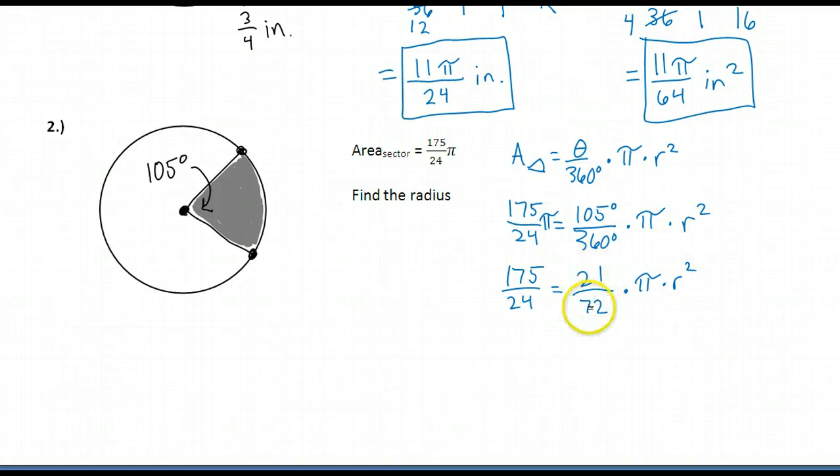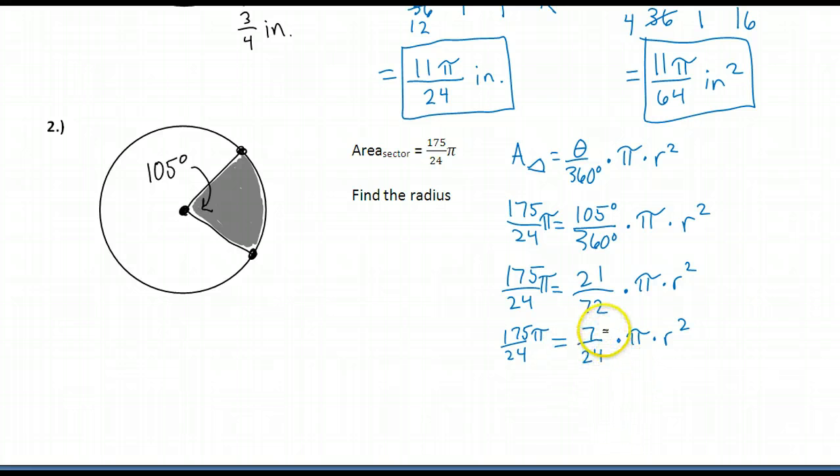Now 21 and 72 are both divisible by 3. 21 divided by 3 is 7. And 72 divided by 3 is 24. I forgot that pi again. Add it back in there. At this point, I need to undo the order of operations.